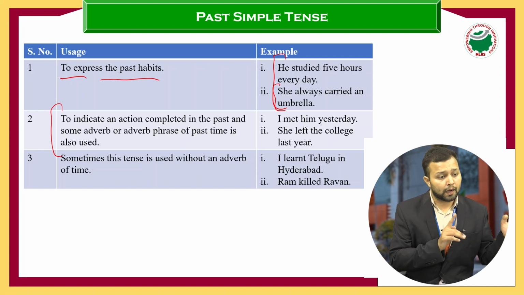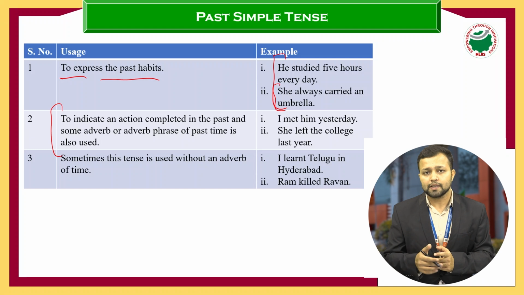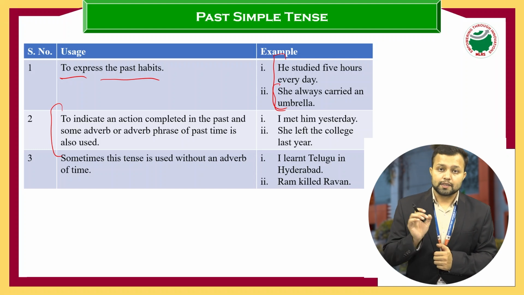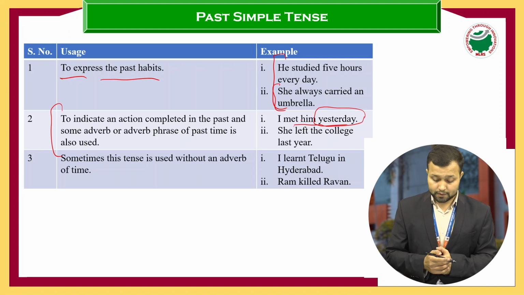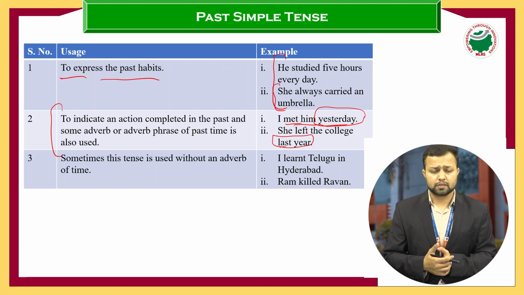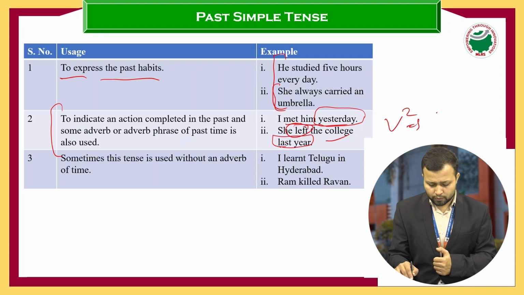When some time of the past or adverb of time of the past is mentioned in the sentence, in that case we will use past simple tense. For example, I met him yesterday. Now this one, adverb of time of the past. That's why met. So, she left the college last year. Time of the past is mentioned in the sentence. That's why V2. V2 is the past form of the verb.